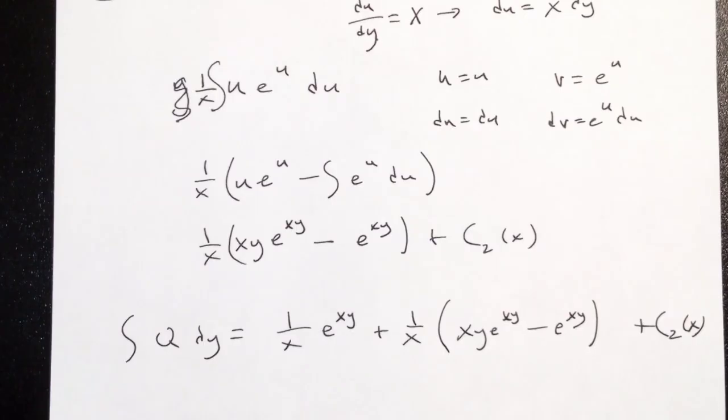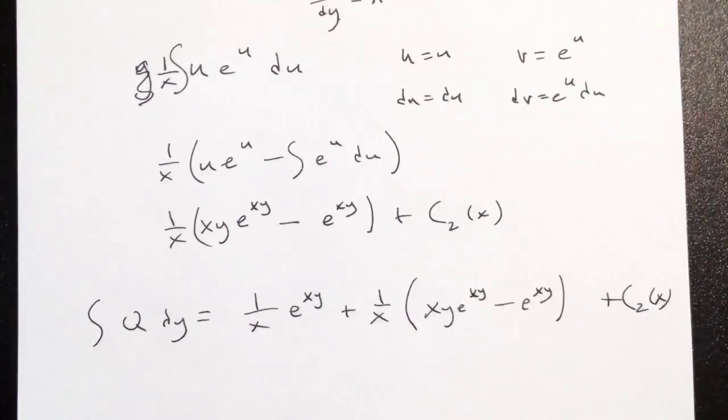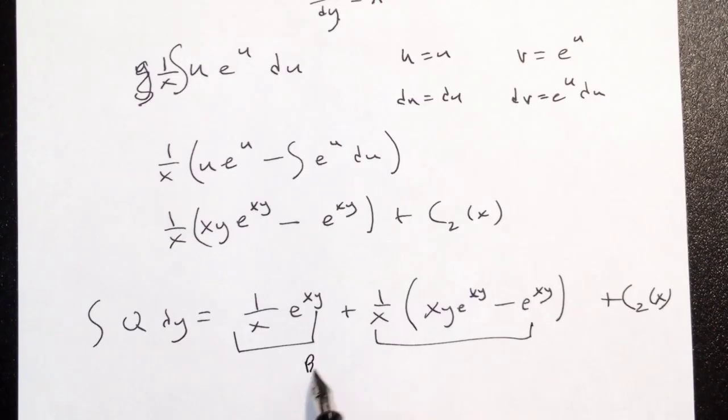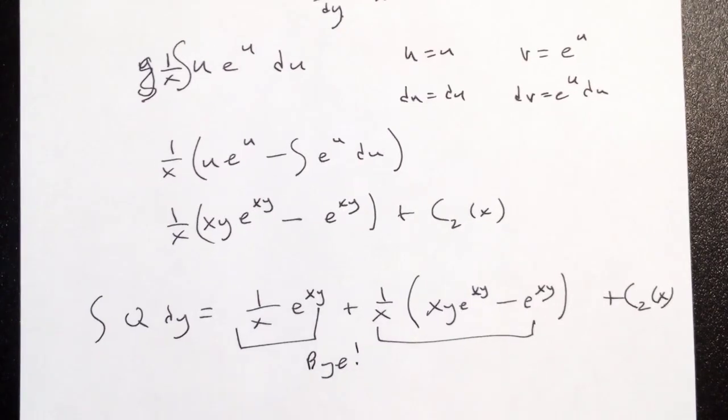What lovely thing happens? Right here. The x on the inside cancels the 1 over x on the outside.